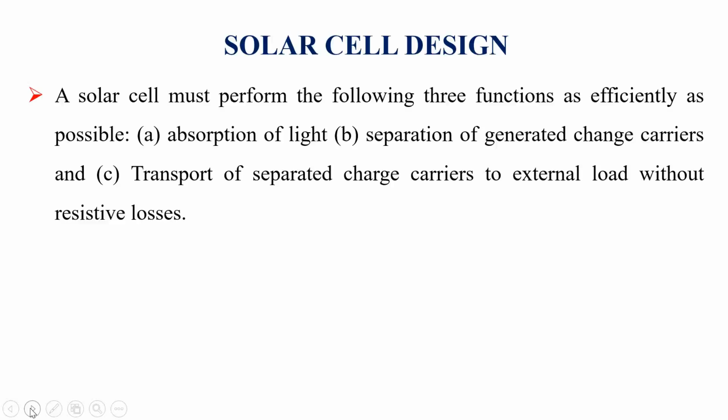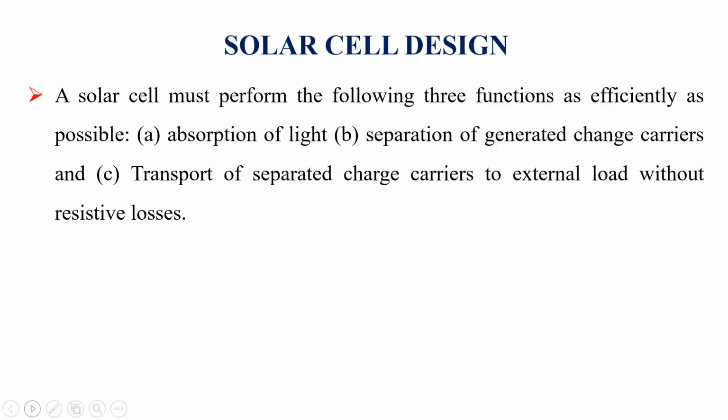The first one is absorption of light. In a solar panel, materials are used whose properties are defined so that they absorb as much light as possible.